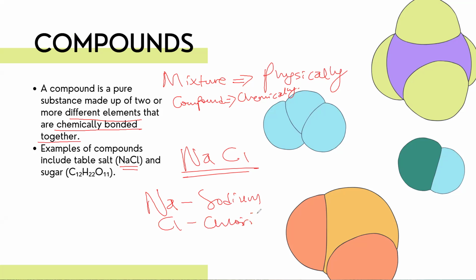And then the normal sugar that you take when you want to drink garri or take tea, this is the molecular formula for it. Do you know the chemical name for this? Yes, sir. What's the name? Oxygen? No, no, no. I'm not talking about the element. I'm talking about the chemical name for sugar.